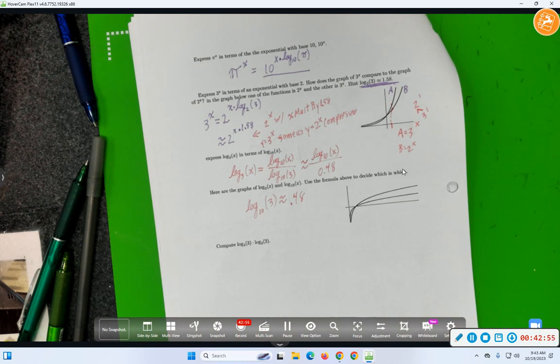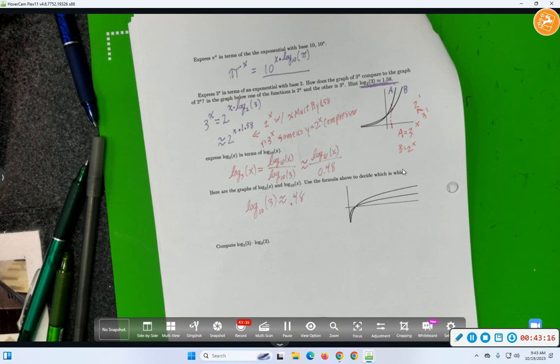So let's follow the same strategy. One of these is log base 10 of x, one of those is log base 3 of x. Apparently log base 3 of x should look the same as log base 10 of x, but all of the y values are divided by about 1/2.